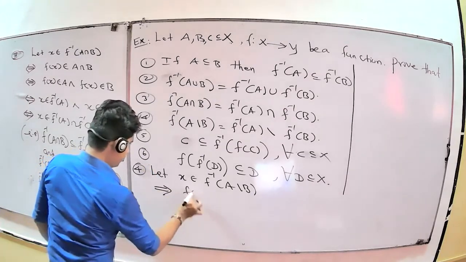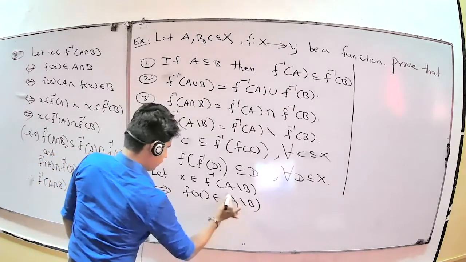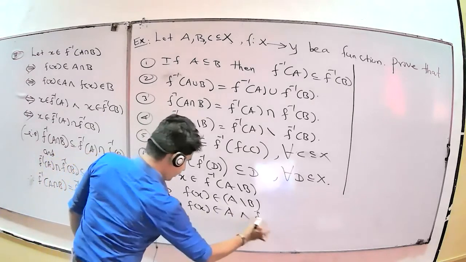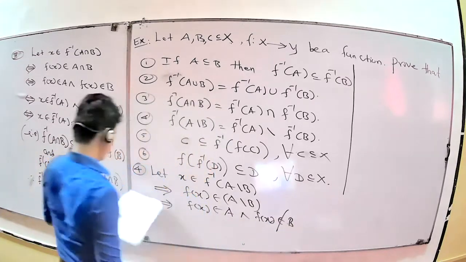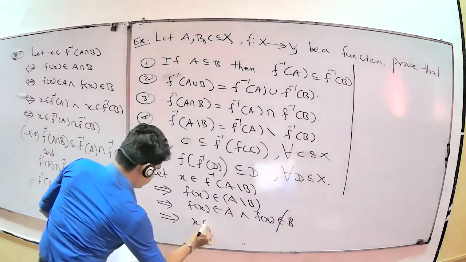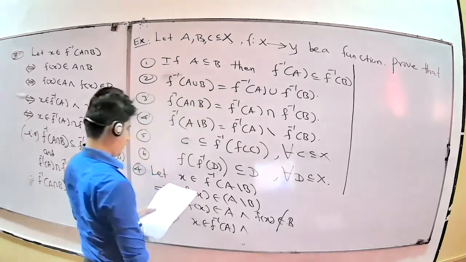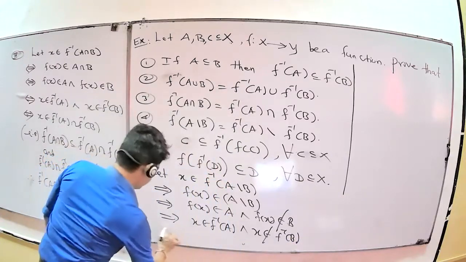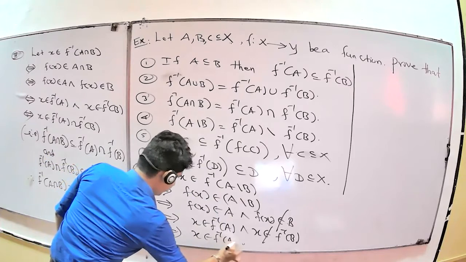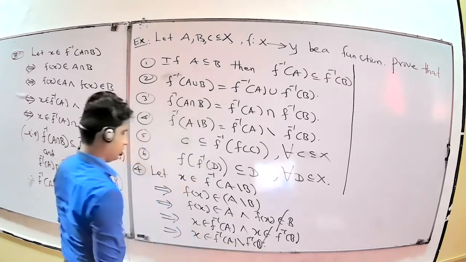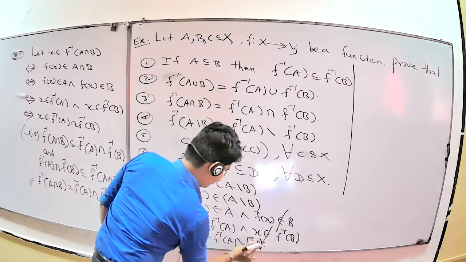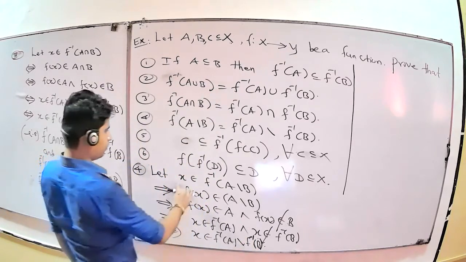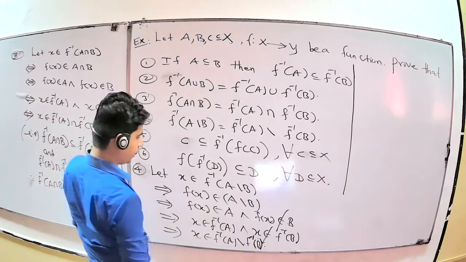Then you have f of x belongs to A minus B. F of x belongs to A minus B means f of x belongs to A and f of x does not belong to B. A minus B, no. Therefore x belongs to f inverse of A and x does not belong to f inverse of B. Therefore, x belongs to f inverse of A minus f inverse of B. We proved x belongs to f inverse A minus f inverse B.